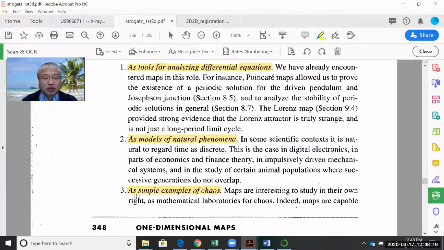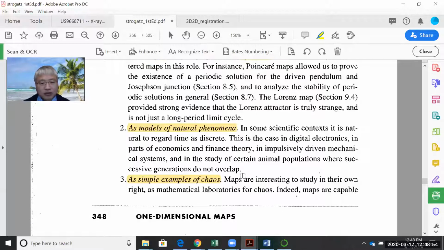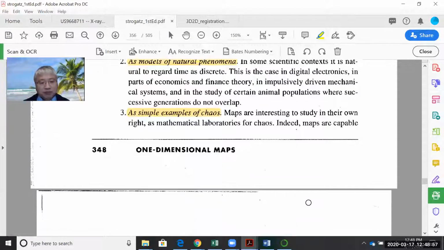And finally, which is really the main interest for us, this is a much simpler model to show the complexity and the various aspects of chaos, which we touched upon in the last chapter when we talked about the Lorenz equation. That is three-dimensional, and the chaotic behavior or strange attractor is an object which is hard to analyze because it is three-dimensional. So those are the three reasons we start with maps.